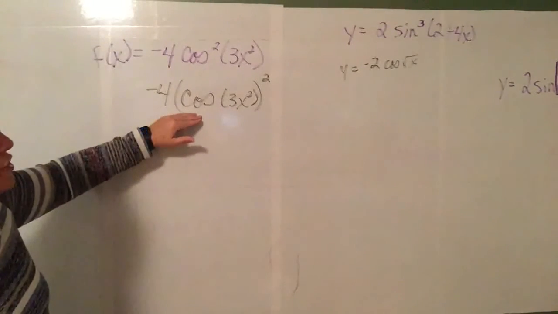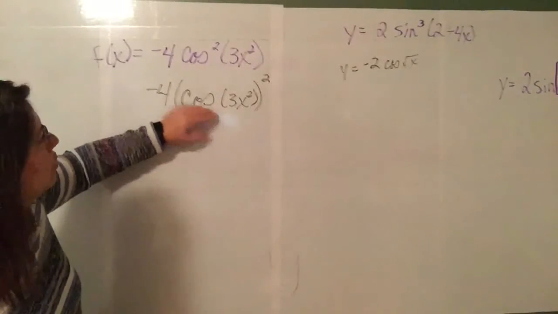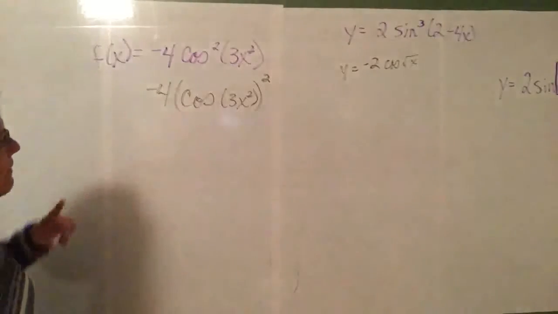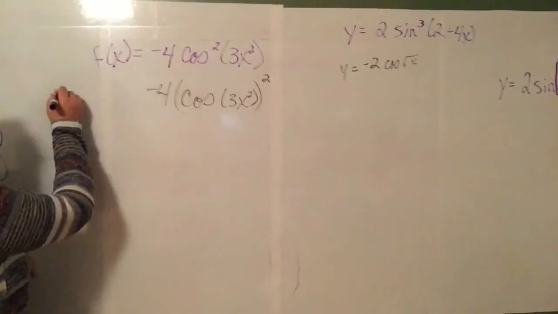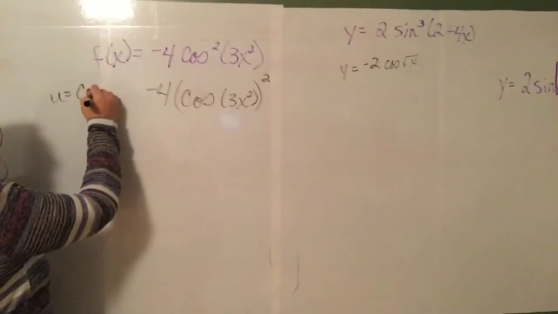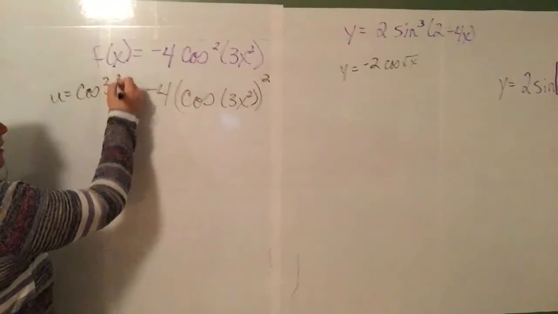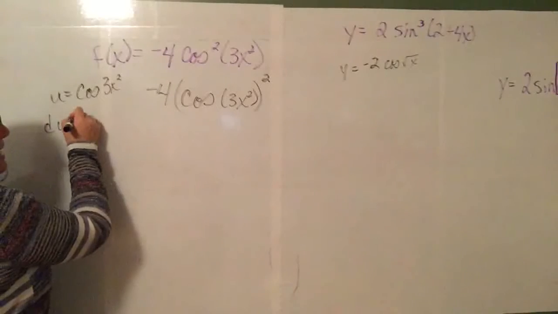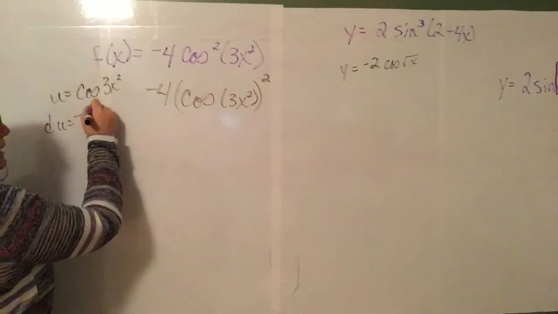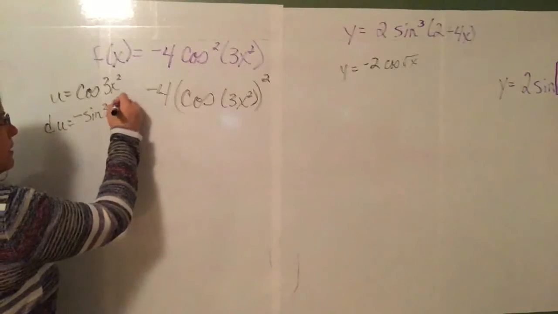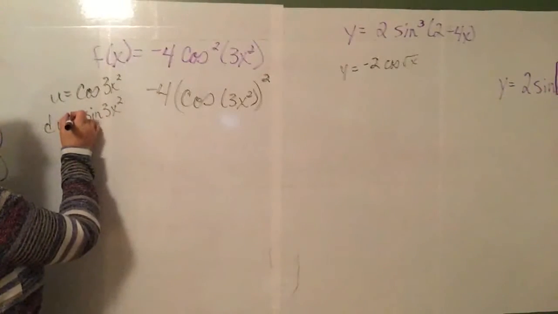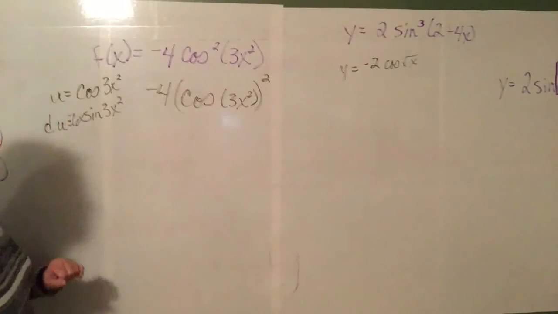I'm going to now do the chain rule on that. If I say u is cosine 3x squared, du, or the derivative of that, is negative sine 3x squared times 6x. So negative 6x sine 3x squared.